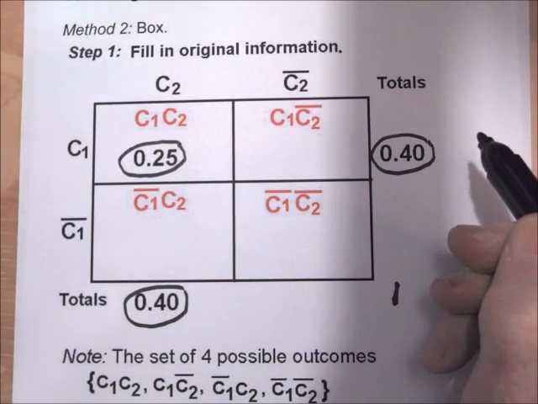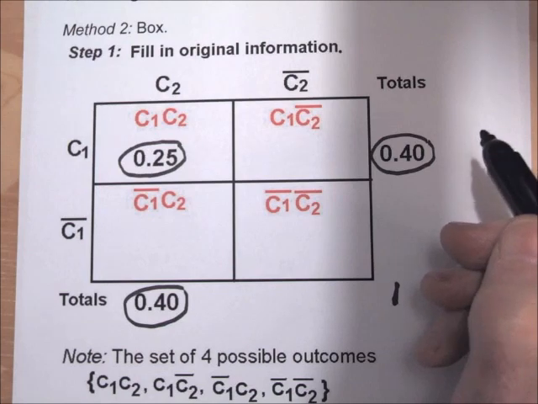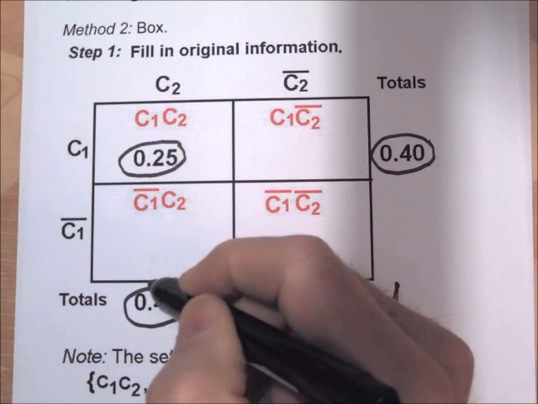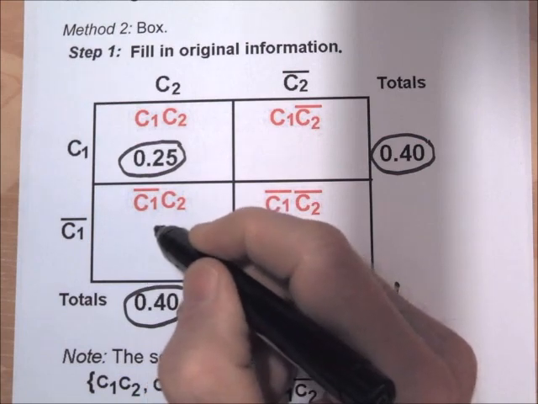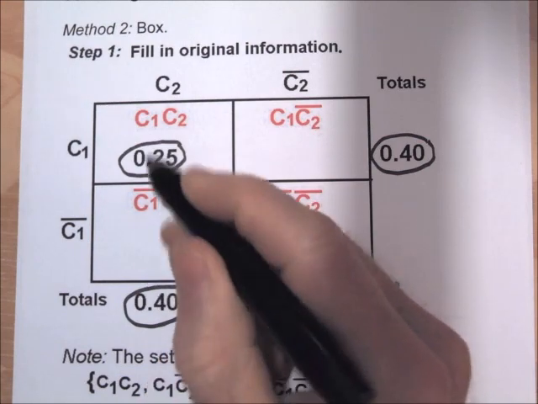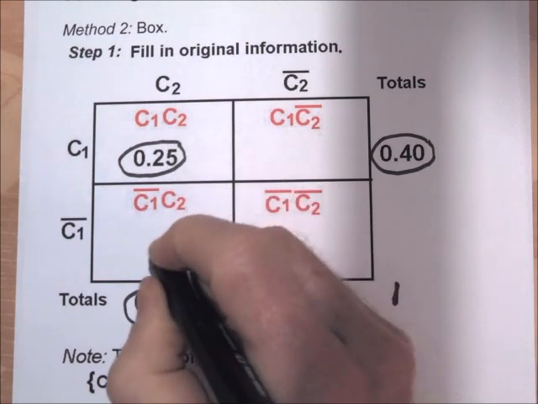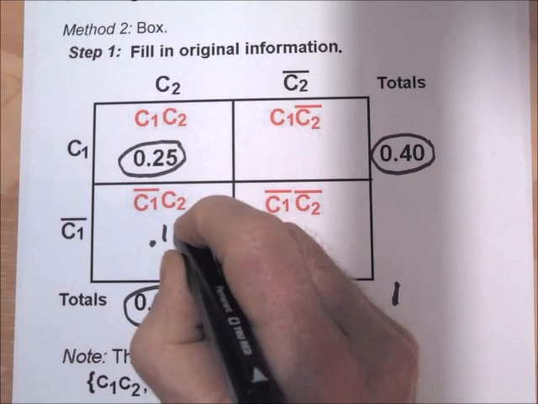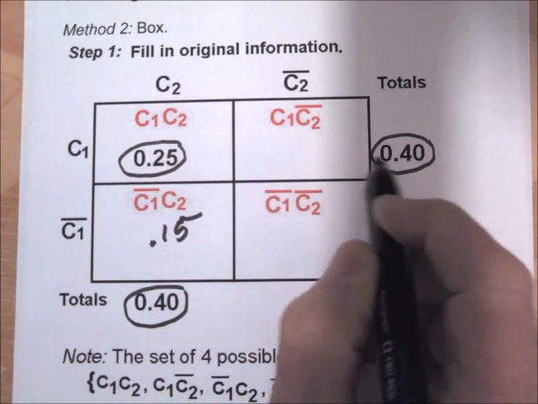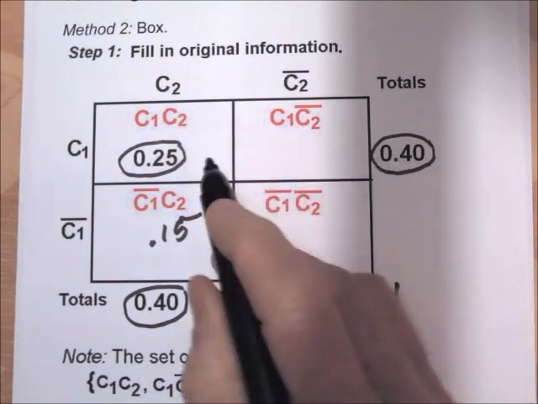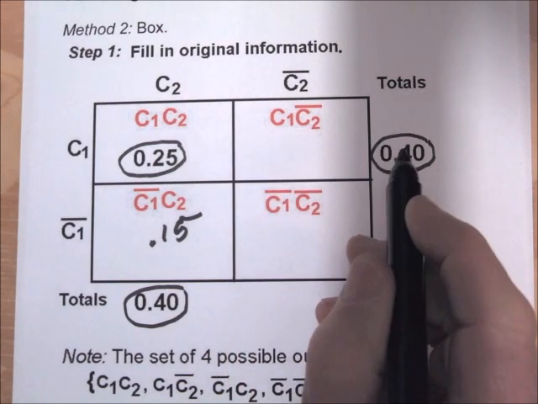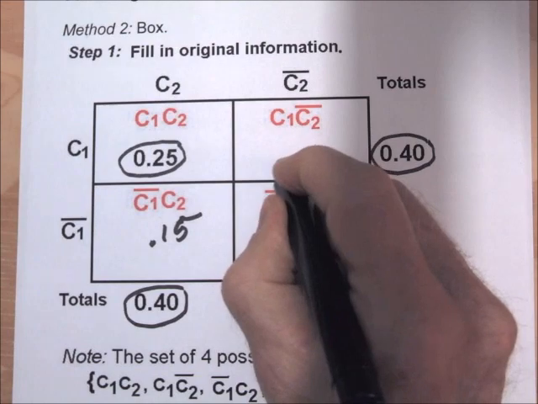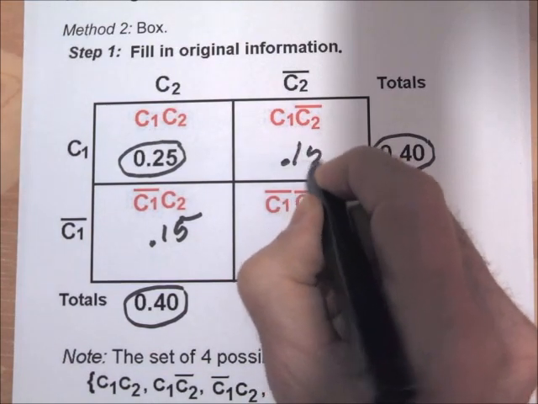And we compute that basically by subtracting. This column total should be 0.4, and in order to get the number to fill into this box, we have to subtract. 0.4 minus 0.25 is 0.15. We get it by subtracting. Likewise, this column's total is 0.4. 0.4 minus 0.25 is 0.15.